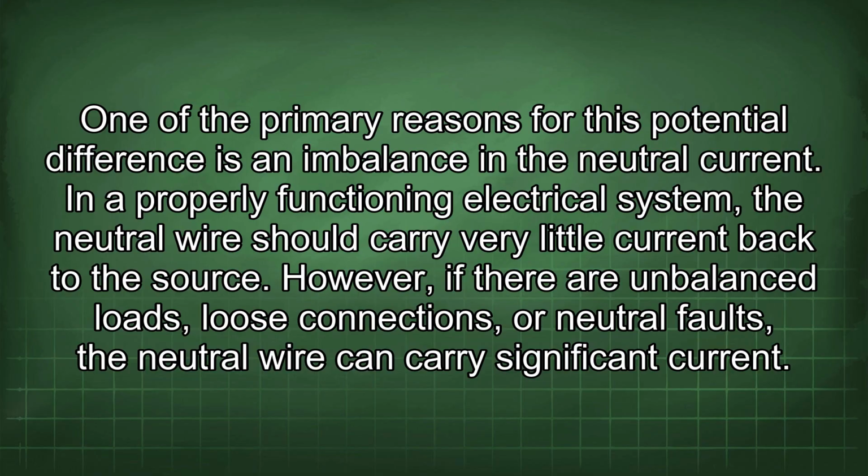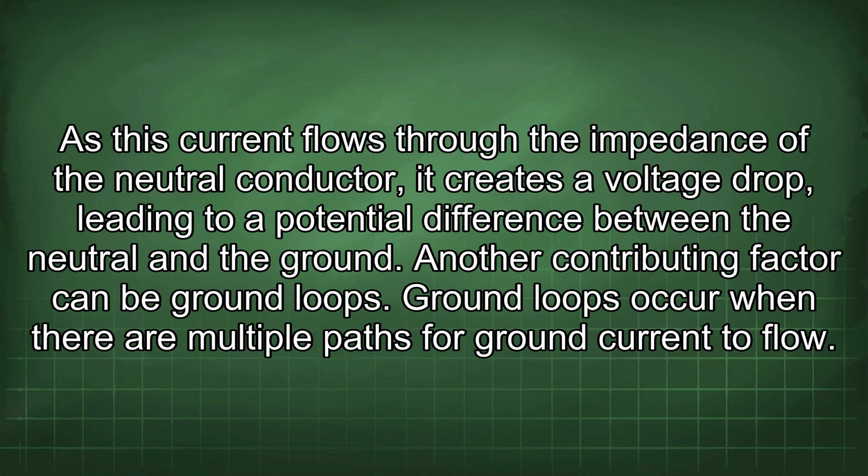In a properly functioning electrical system, the neutral wire should carry very little current back to the source. However, if there are unbalanced loads, loose connections, or neutral faults, the neutral wire can carry significant current. As this current flows through the impedance of the neutral conductor, it creates a voltage drop, leading to a potential difference between the neutral and the ground.